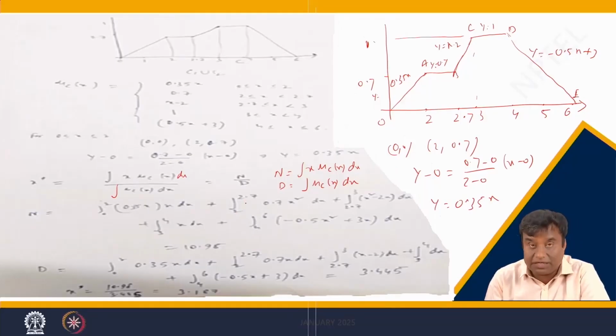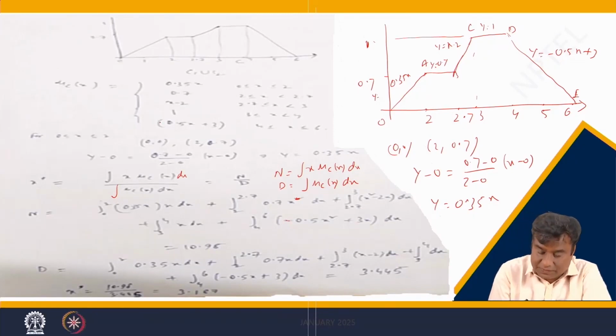From 2 to 2.7, that is 0.7 into x dx. From 2.7 to 3, it is x into (x minus 2), that is x square minus 2x dx. From 3 to 4, that is 1 into x, that is x dx. From 4 to 6, it is (minus 0.5x plus 3) into x, that is minus 0.5x square plus 3x dx. Here we will get the answer 10.98. That is the value of the numerator.